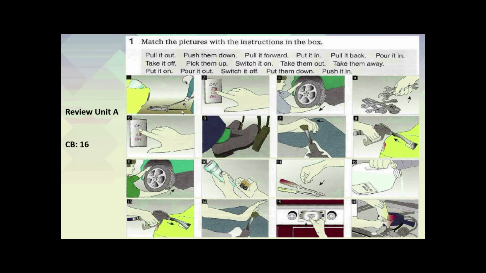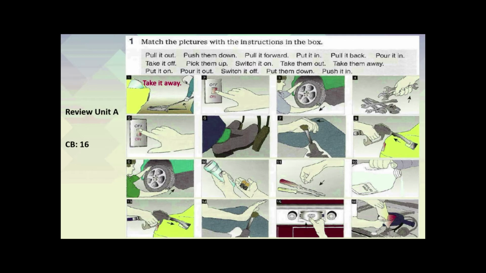It indicates the path of the jack, that is, away from the car. And the mechanic is taking it. So, take and away. So, the instruction is take it away. Very good. So now, pause the video and do the rest.